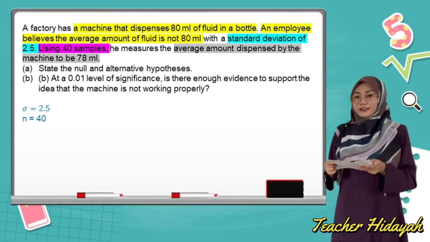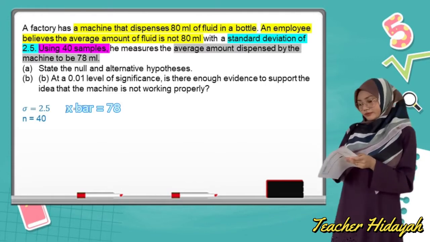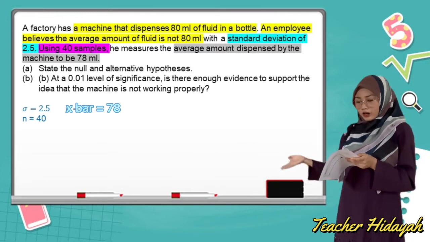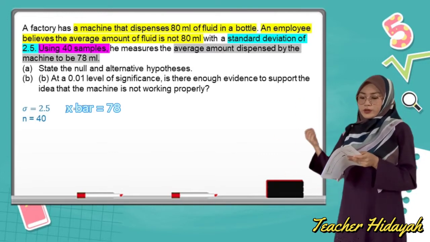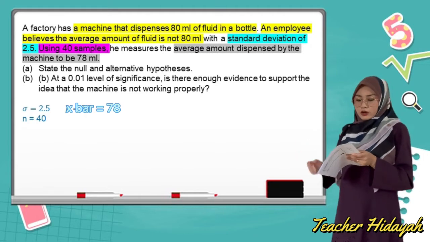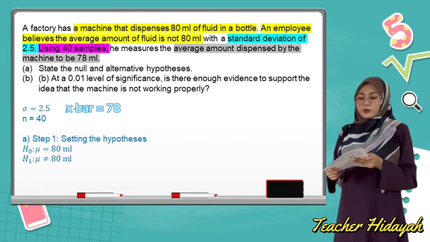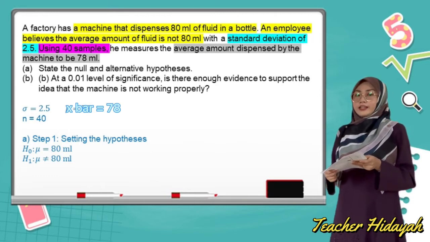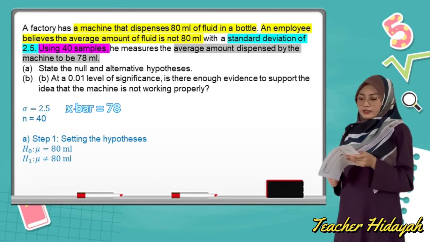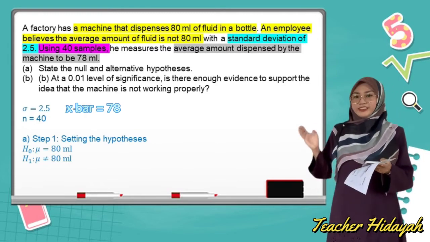This information tells us the mean of the machine. After we have taken all the information out, we need to proceed to question A. For question A, we state the null hypothesis, H null, mu equal to 80 ml. And the alternative hypothesis, H1, mu is not equal to 80 ml. So we have done the A part.